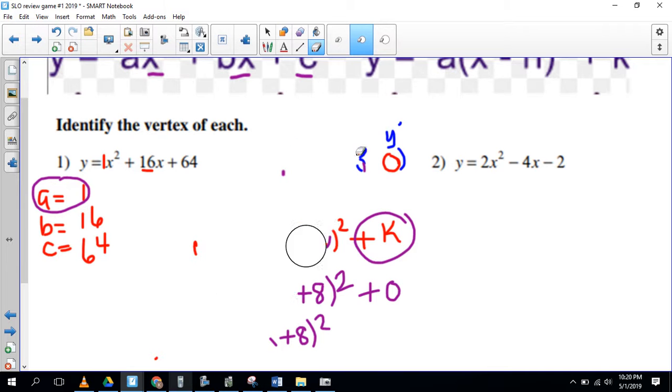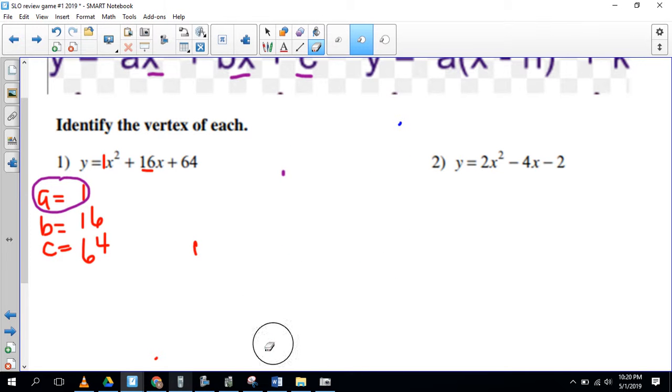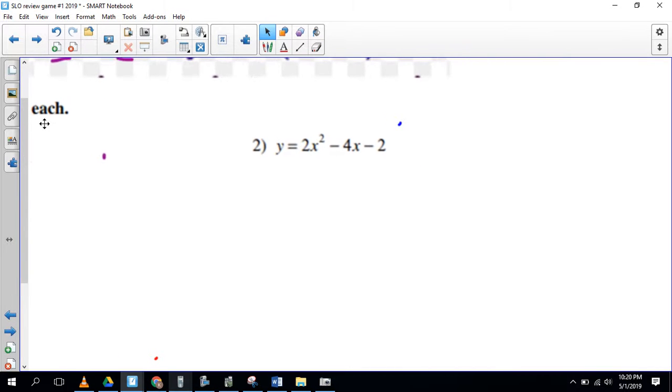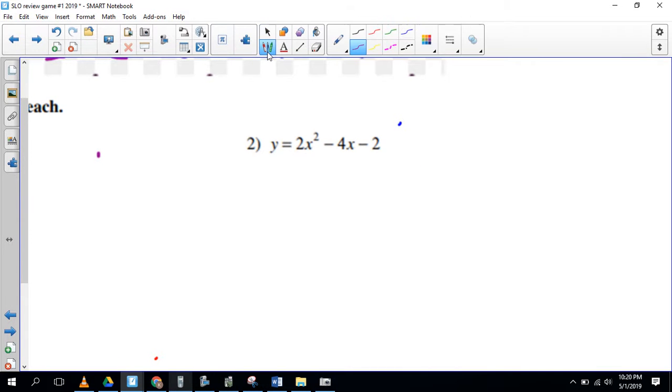So I'm going to do this one, number 2, over here. Move it over. Okay, so the first thing we're going to do is identify our vertex. So I like to label my a, b, and c. It kind of helps me. So a is 2, b is -4, c is -2.